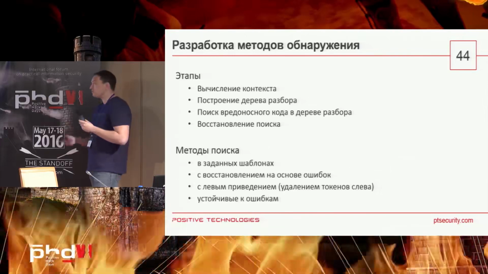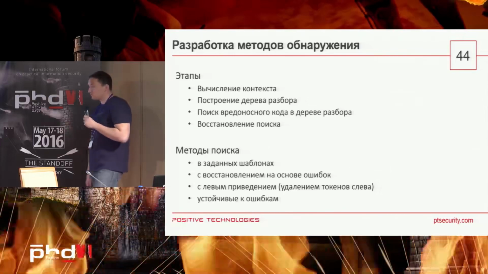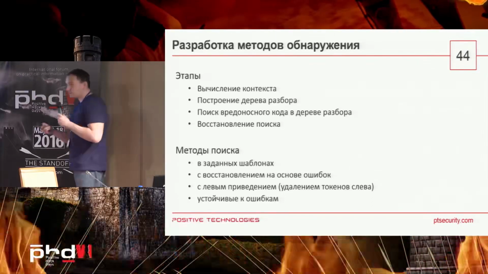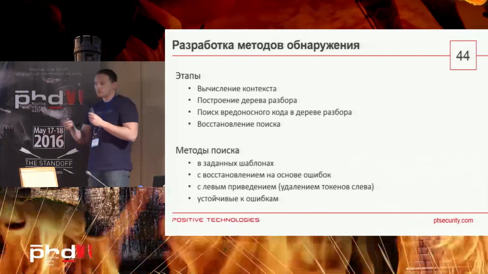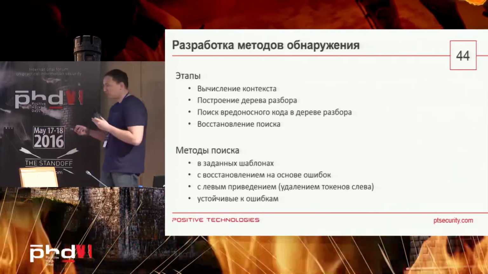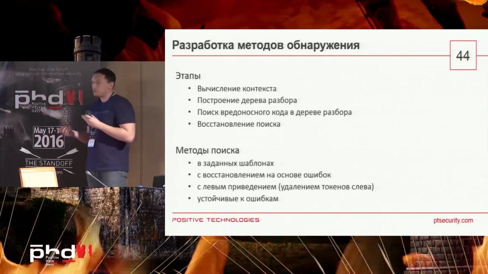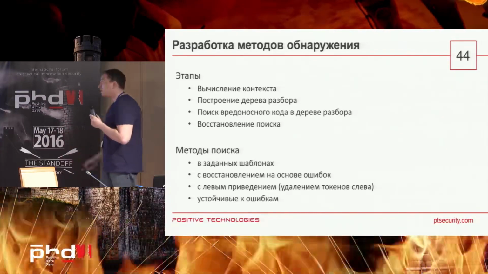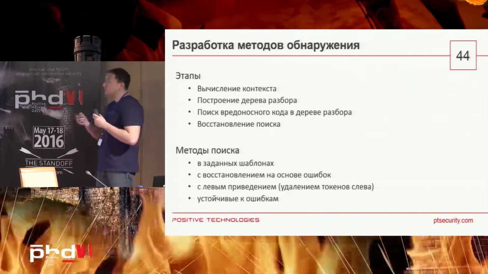So we need to understand where it can get. Then we need to build the tree, find the malicious code there. And then, if we haven't found anything, maybe we should continue the search in some way to double check that we haven't made a mistake choosing the context.